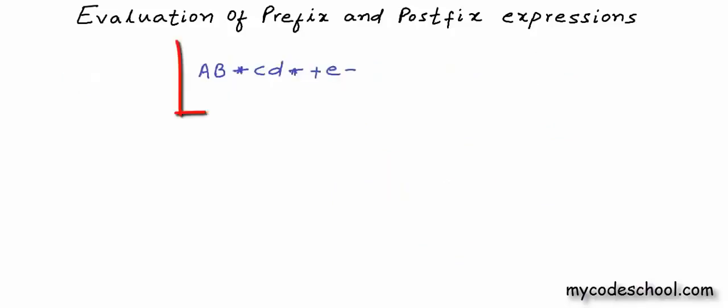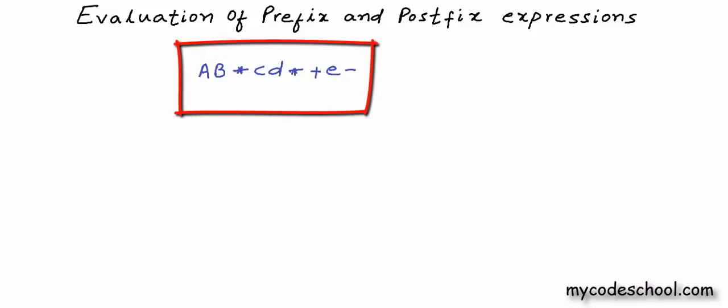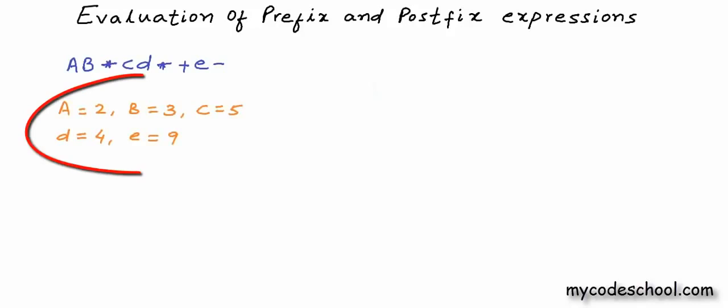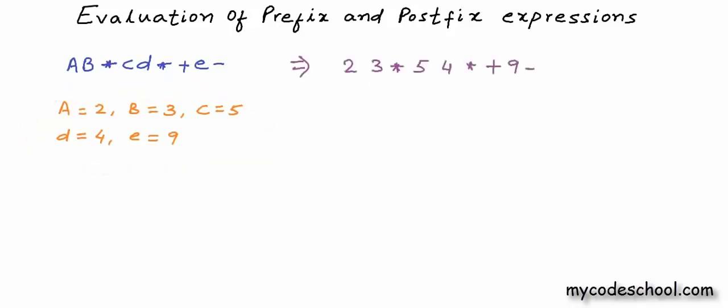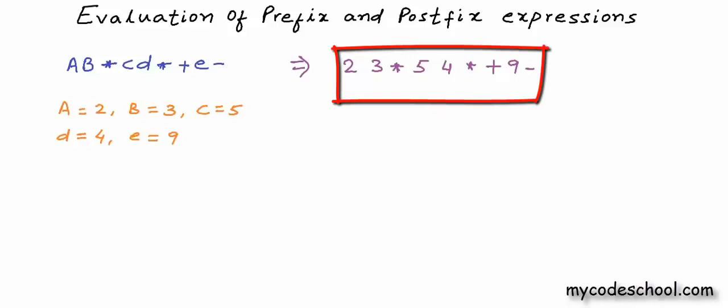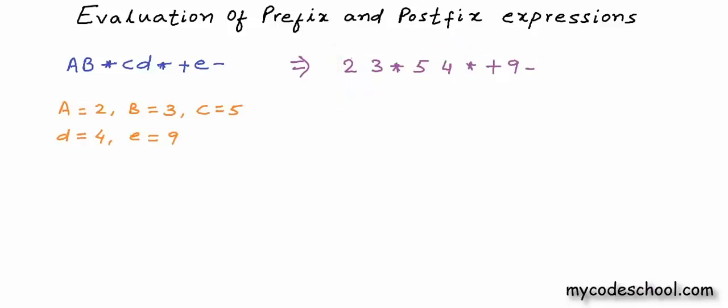Okay, so we have this postfix expression here, and we want to evaluate this expression. Let's say for these values of variables a, b, c, d, and e. So we have this expression in terms of values to evaluate. I'll first quickly tell you how you can evaluate a postfix expression manually. What you need to do is scan the expression from left to right and find the first occurrence of an operator.